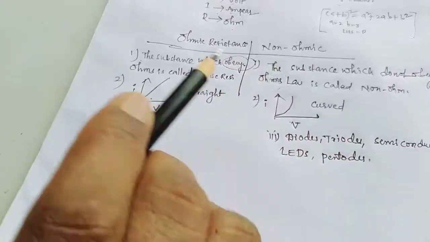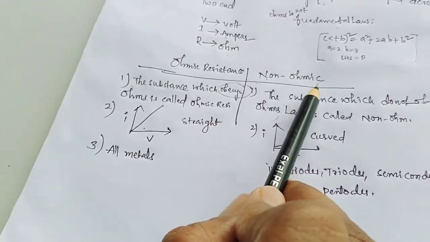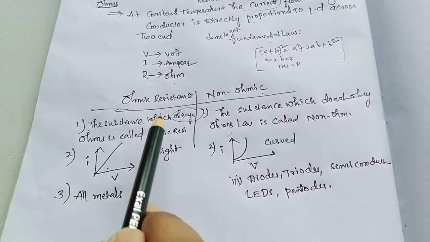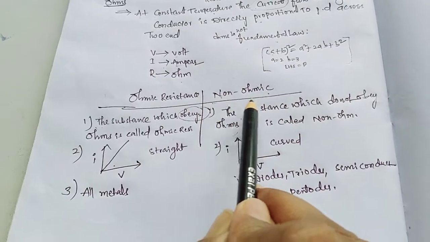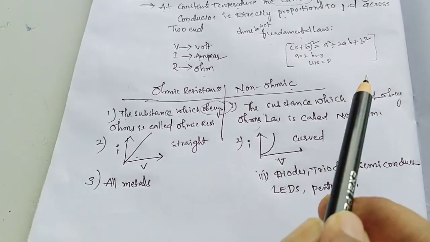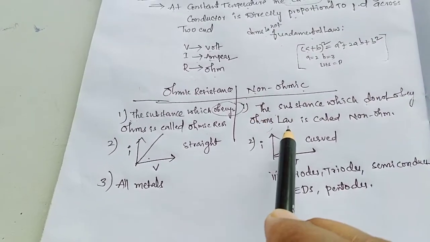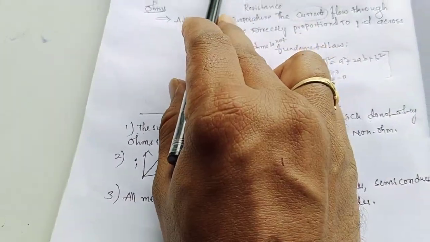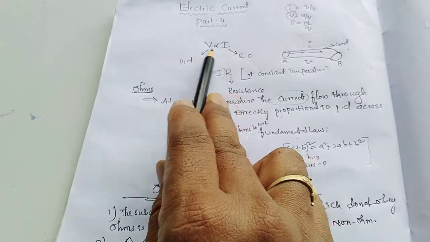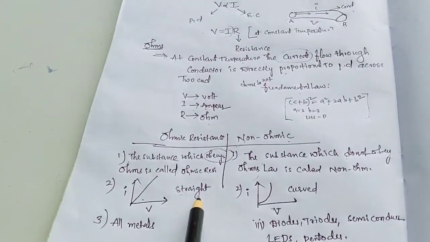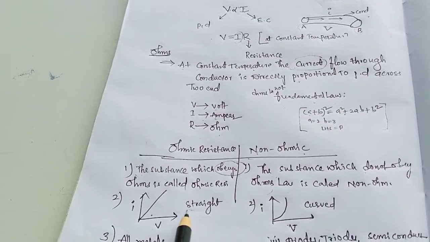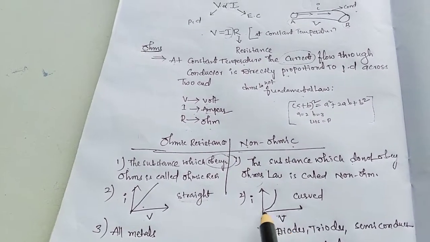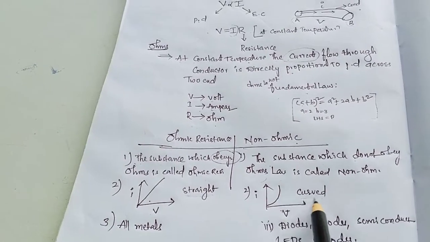So the substance which obeys Ohm's law is called ohmic resistance, and the substance which does not obey Ohm's law is called non-ohmic resistance. For the relation between V and I, in ohmic resistance we get a straight line, and in non-ohmic we get curved lines.